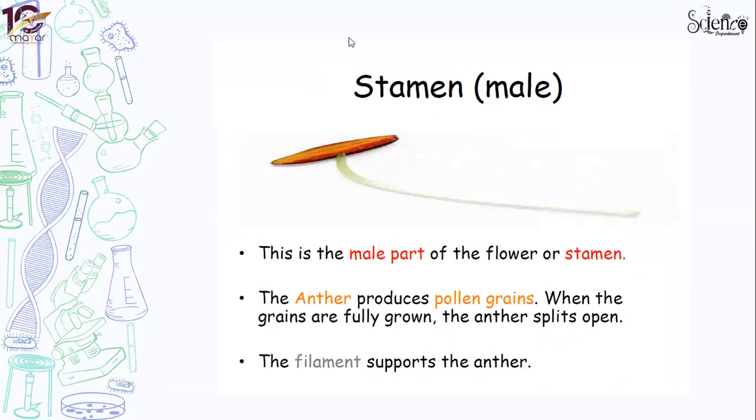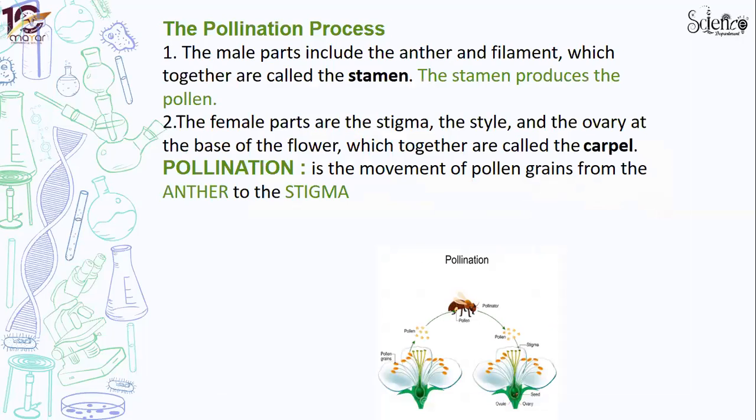Stamen, it is the male part. I told you, remember it from the word men by the end, men. And I have in the flower only one female part and many male parts. Pollination. Now, pollination is a process by which pollen grains that are formed and made in the male parts move from the male to the female.